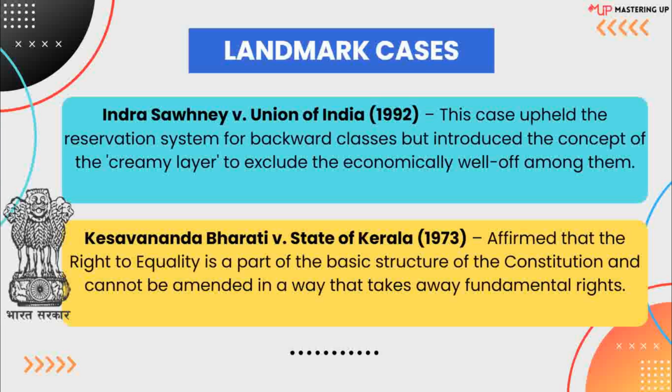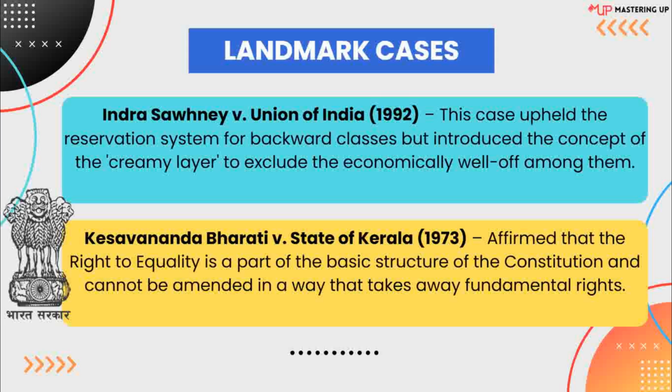Now, Kesavananda Bharati versus State of Kerala in 1973. The case challenged amendments that affected fundamental rights, questioning the extent of Parliament's amending power. The judgment of the court ruled that Parliament cannot alter the basic structure, including Article 32, ensuring the right to constitutional remedies remains protected.